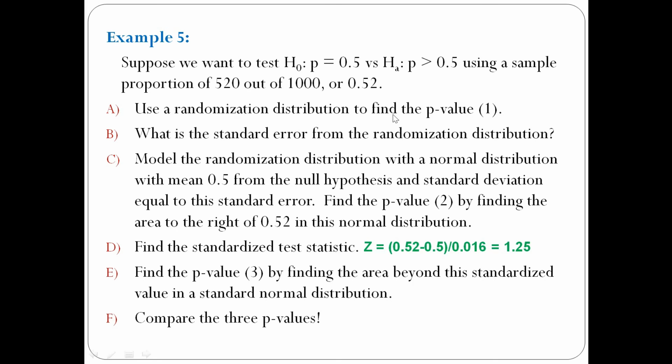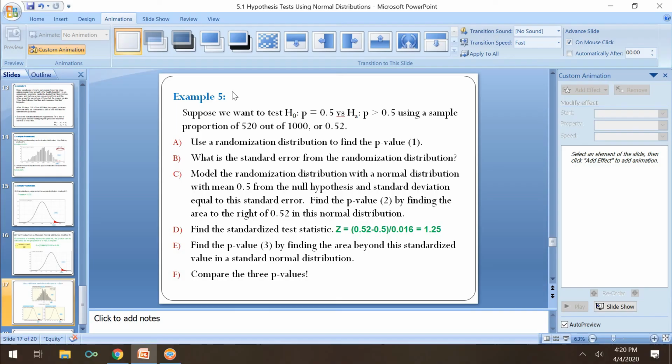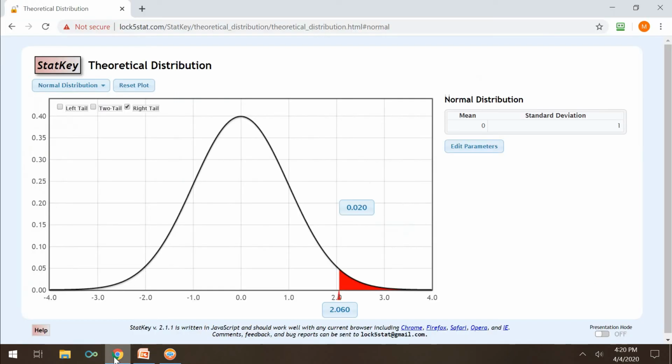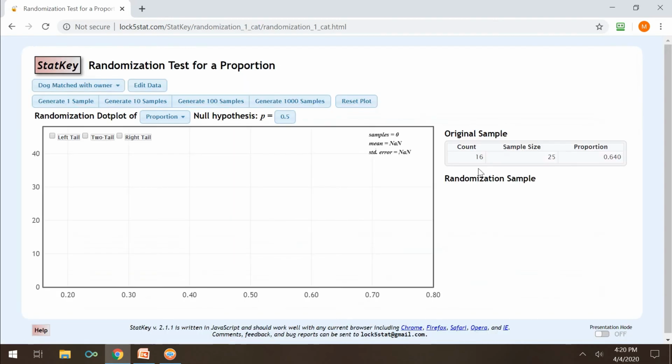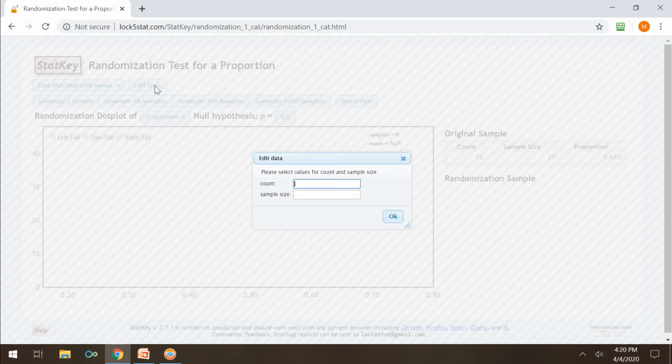So let's do this together. So remember these numbers, 520 out of 1000. So to find the p-value using the randomization method, this is a single proportion problem. You will edit your data, and this is 520 out of 1000.